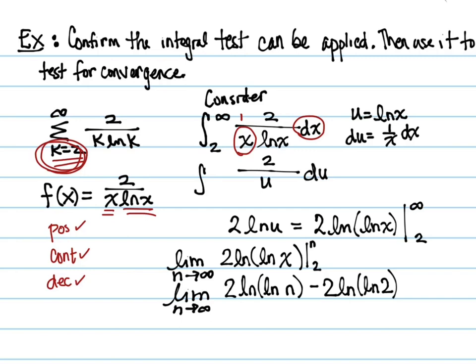Okay, I'm not going to worry about simplifying this except to say it's a number. Do you agree? Yes. It's a number. So this is a constant. What's going on with this as n goes to infinity? Well, what does happen to a natural log as the log inputs go to infinity?